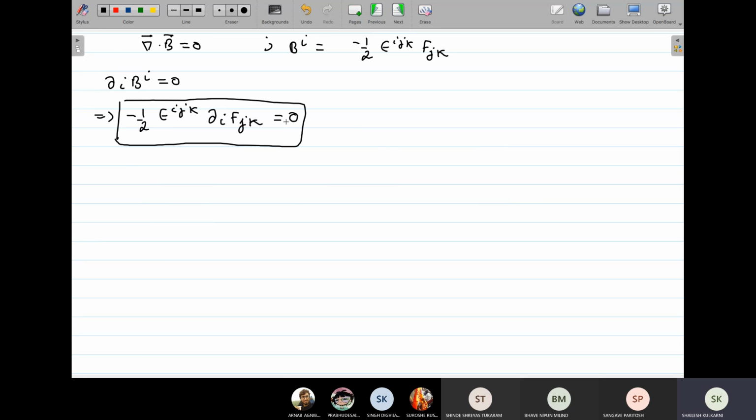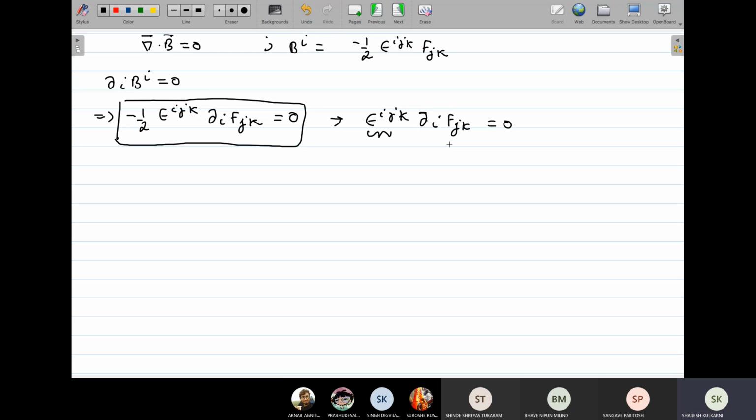First of all, I can write this as epsilon i j k del i F j k is 0. This is totally antisymmetric symbol, or in a sense, a totally antisymmetric matrix.